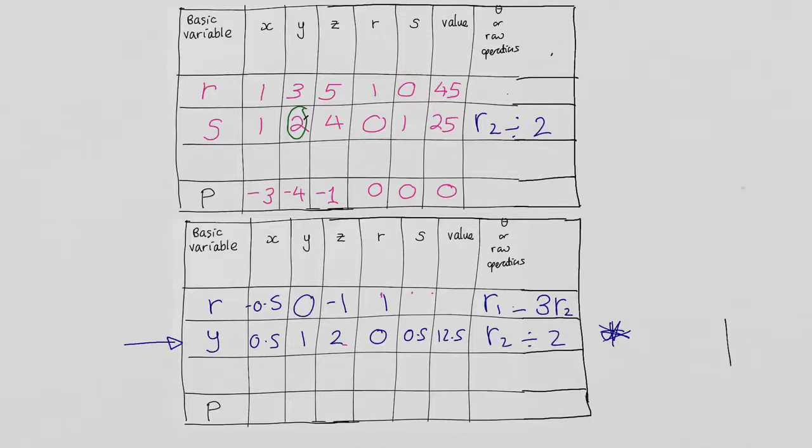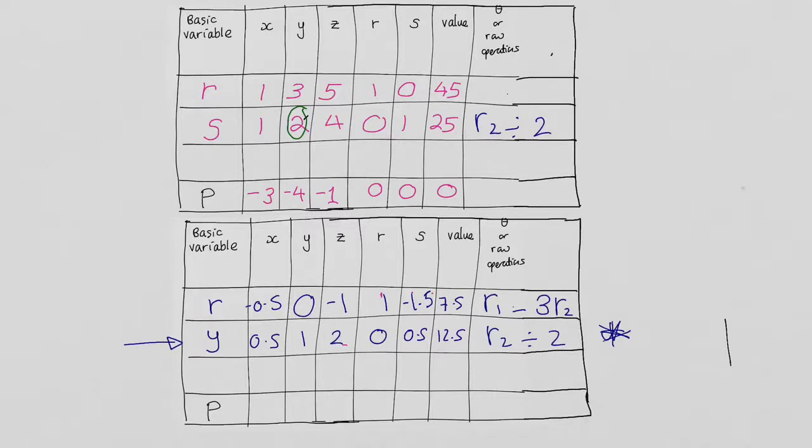Then I've got 0, take away 3 lots of a half, that will be -1.5. And then I've got 45, sorry, let me just undo that, 45, take away 3 lots of 12.5, that gives me 7.5.